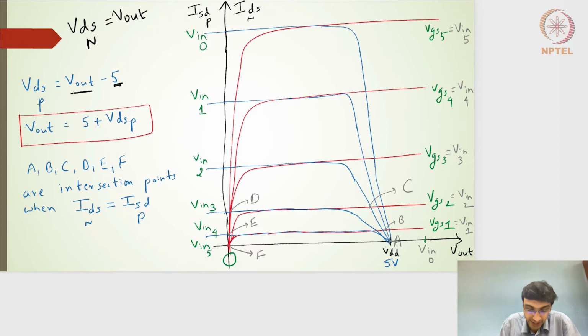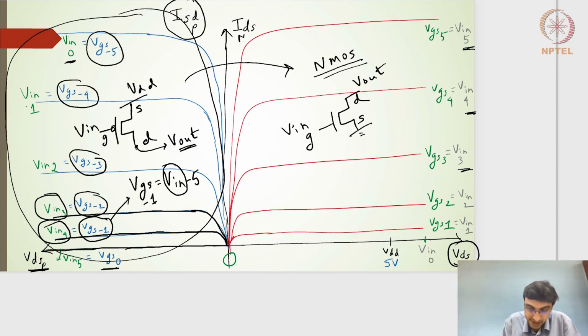So if I want to bring whatever profile I had on the negative coordinate system, for example, this being the second coordinate system, if I want to bring it here, what I have is the VDS of the PMOS, which is V out minus 5 volts.